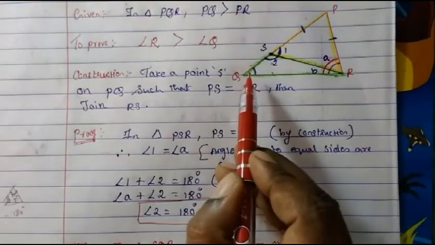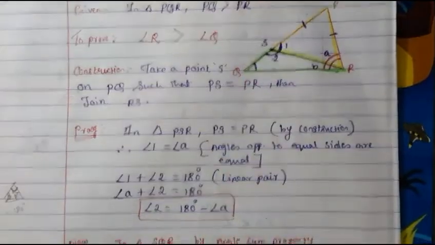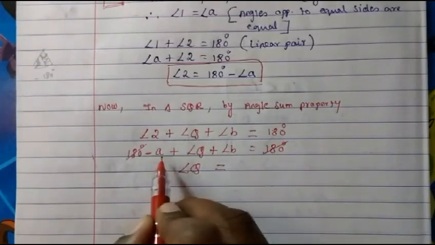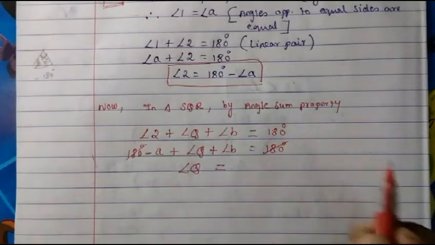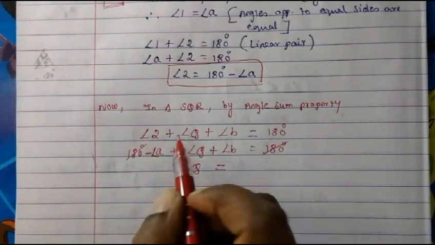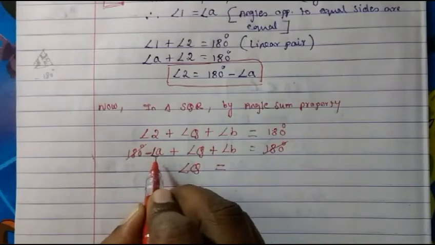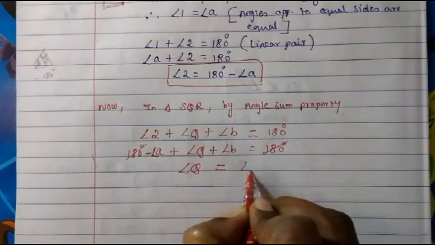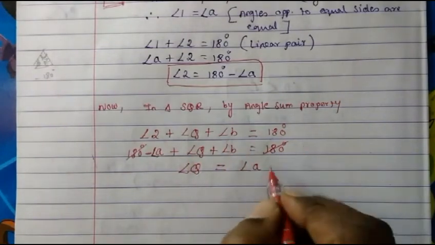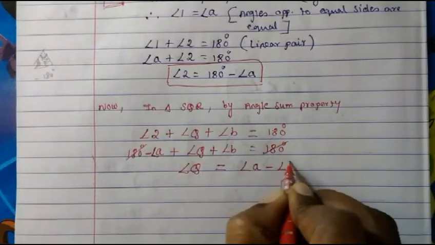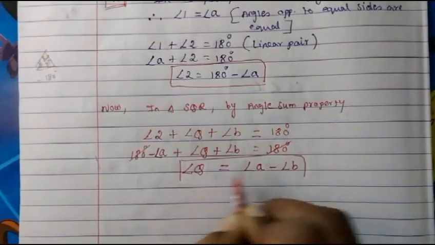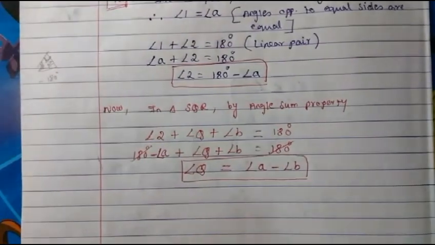So let's find out what is angle Q. We keep angle Q here only, and we have minus A. When it comes to this side, it will become plus A. Here you have plus angle B, when it comes to this side it becomes minus angle B. So angle Q value is angle A minus angle B.